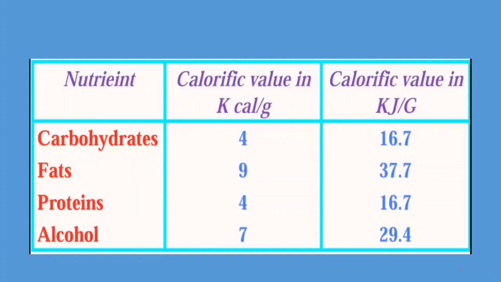For carbohydrate, it is 4 kilocalorie per gram. For fat, it is 9, and for protein, it is 4 kilocalorie per gram. Here, fats have a high calorific value compared to carbohydrate and protein because fat is more reduced than carbohydrate and protein.